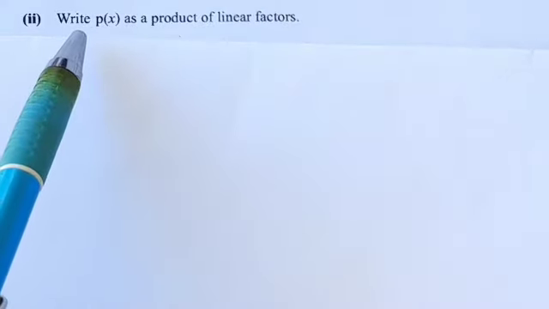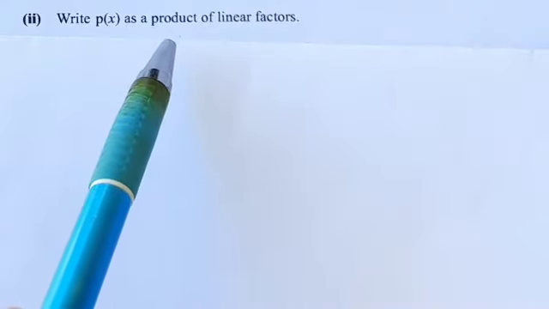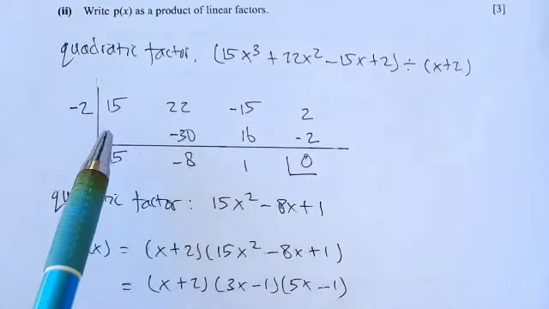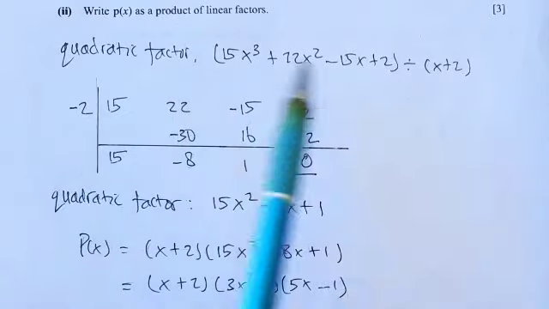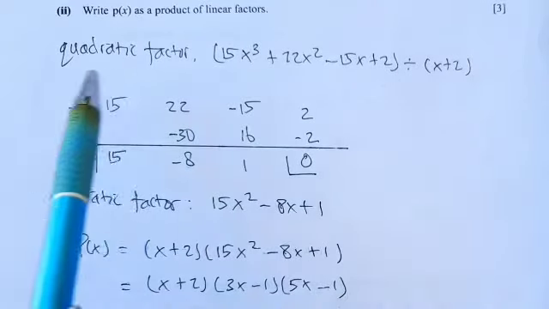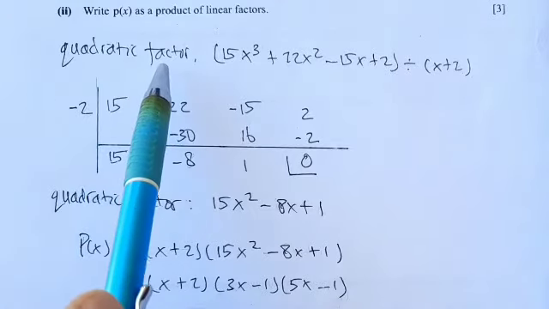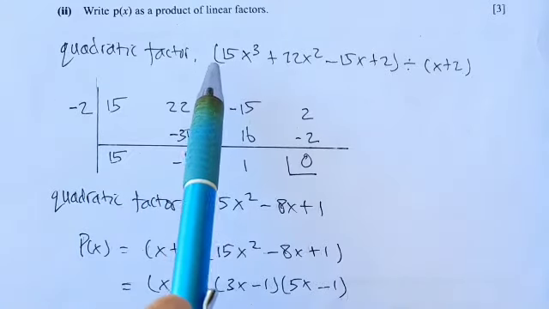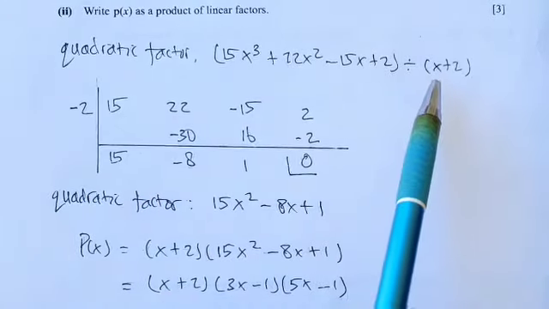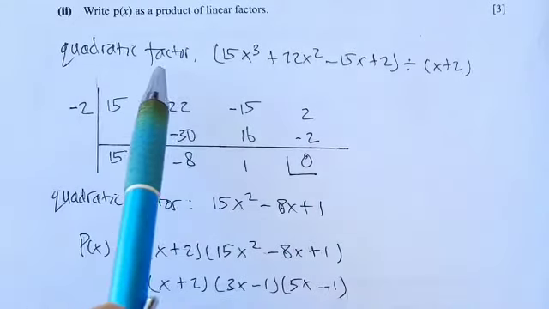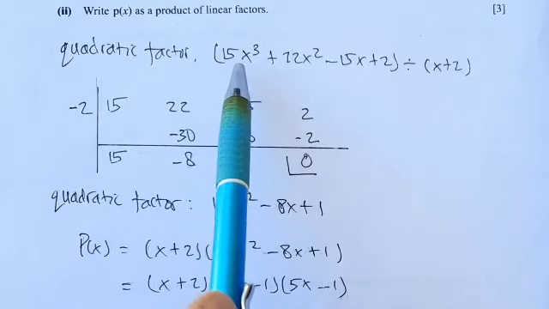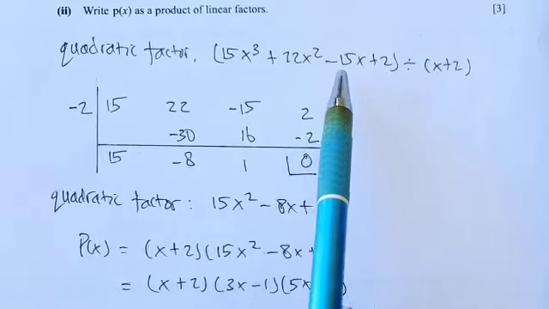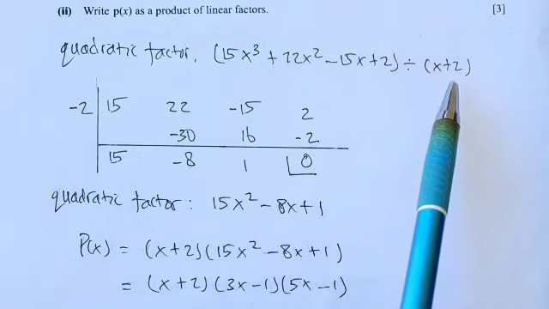(b)(ii) Write P(x) as a product of linear factors. We already know one linear factor, x plus 2. Thus we can calculate the quadratic factor of P(x). When we divide P(x) by the linear factor, we obtain the quadratic factor. Thus 15x cubed plus 22x squared minus 15x plus 2 divided by x plus 2.